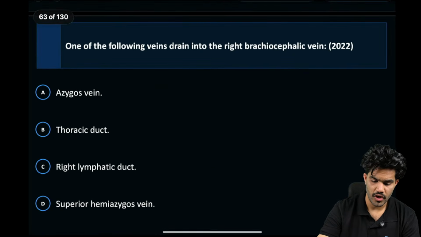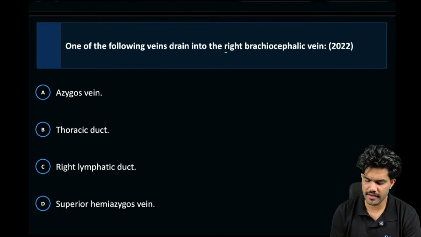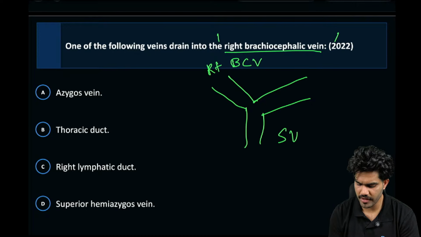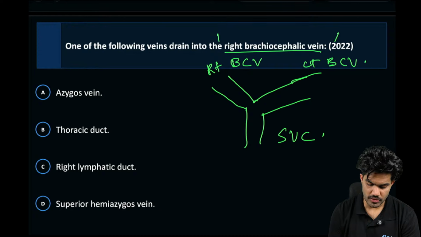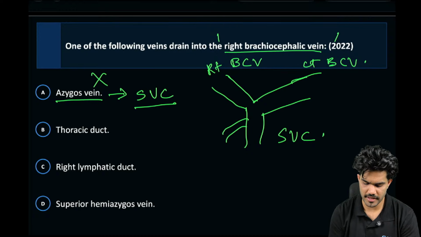One of the following veins drains into the right brachiocephalic vein. We have a right brachiocephalic and a left brachiocephalic, which will form the superior vena cava. Azygos vein drains directly to the SVC, so this will not be the answer.